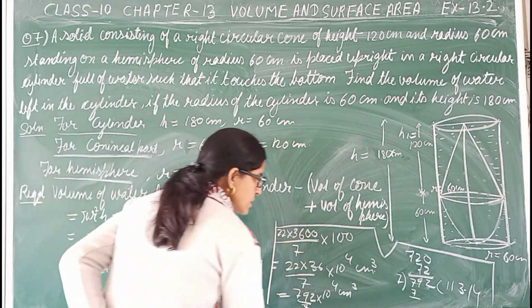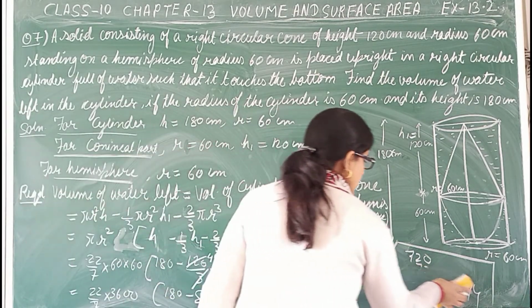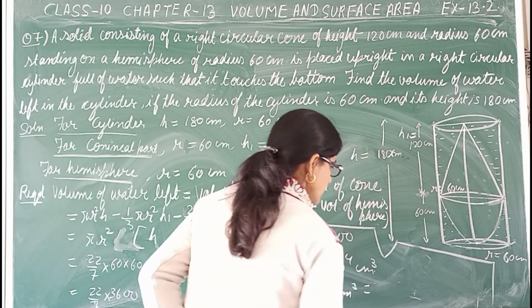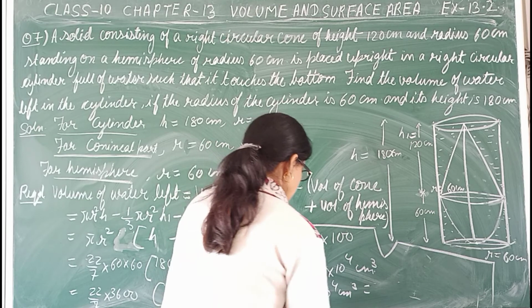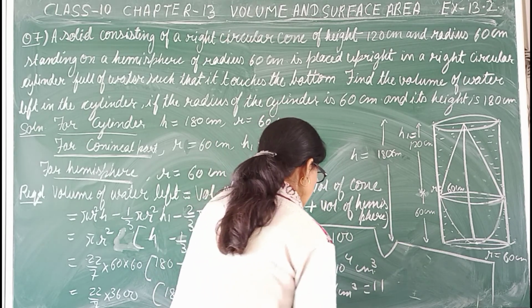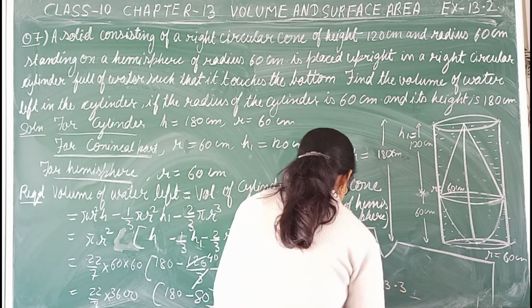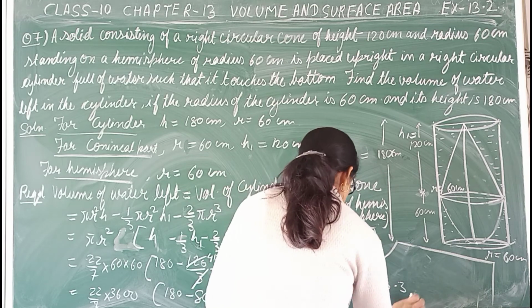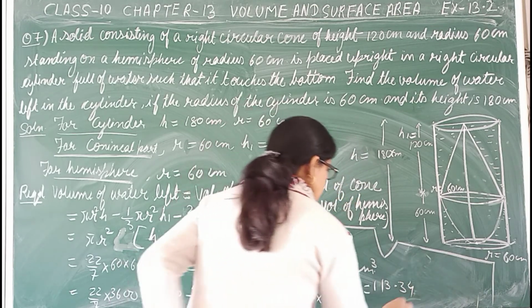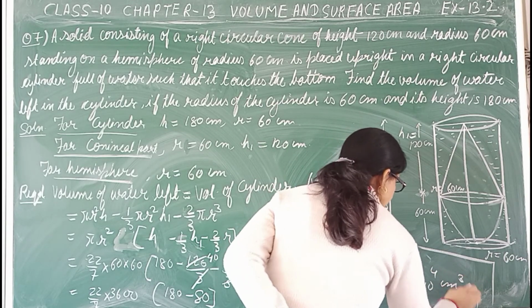So this value is 7 1 then 2 and 2 7 3 then 1 7 3 then 7 4 into 10 to the power 4 centimeter cube.